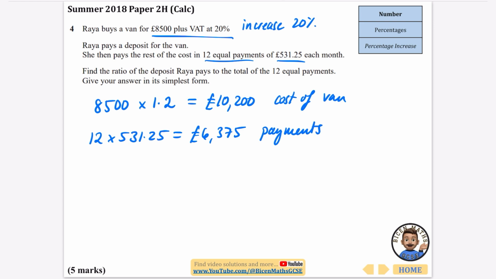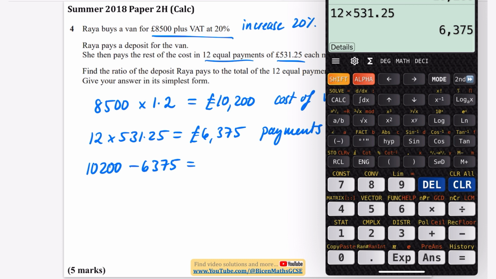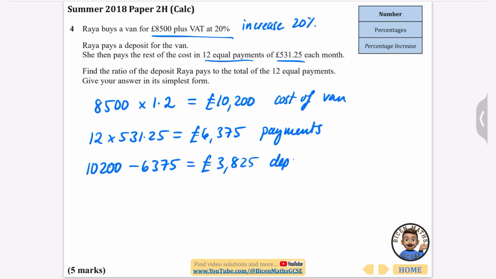Now the deposit is going to be the difference between them. So I'm going to do my 10,200 and I'll take away 6,375, and that is going to be the deposit. So we'll do 10,200, take away 6,375. So the amount that she paid at the beginning was 3,825. This here is the deposit.